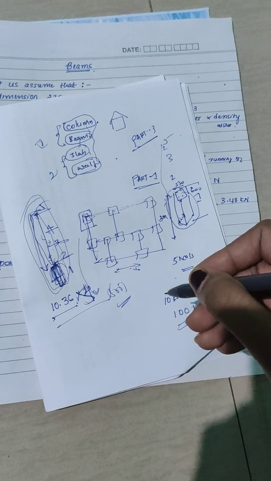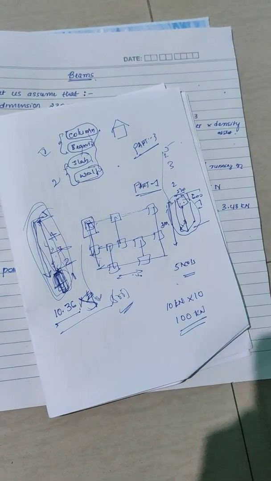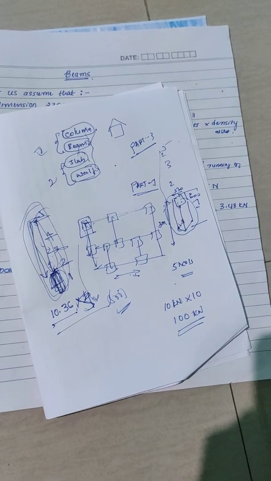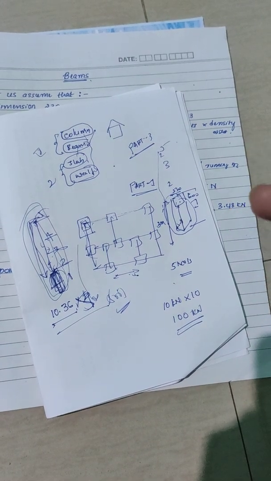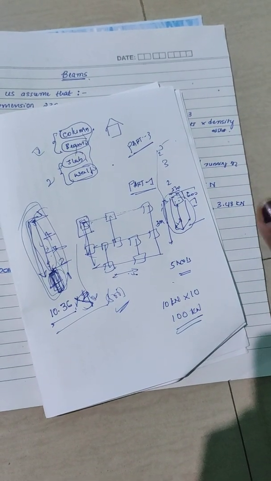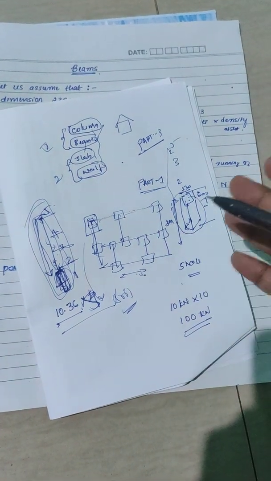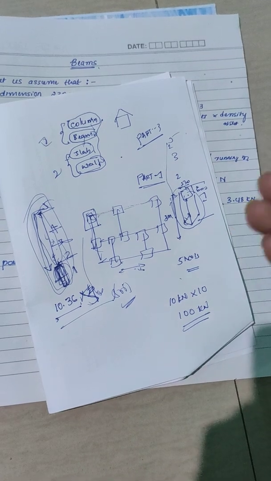If they tell you, let us assume the section as 230 into 450 and you consider the height of the column as 3 meter, now calculate and tell me how much load is acting on the particular column. You can easily solve it and tell them this is the particular weight that is acting on the column or beam.